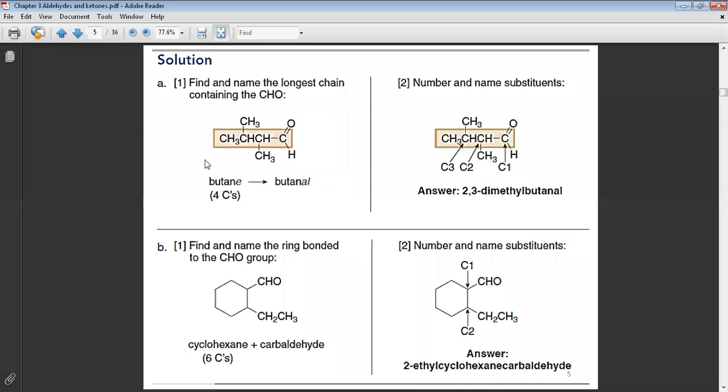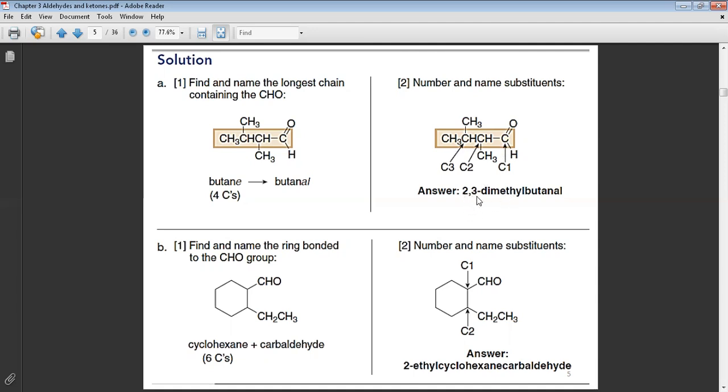This is the name of this compound. But we have two substituents here: on carbon number 2 we have a methyl, and also on 3 a methyl. That means 2,3-dimethyl butanal. This is the name.